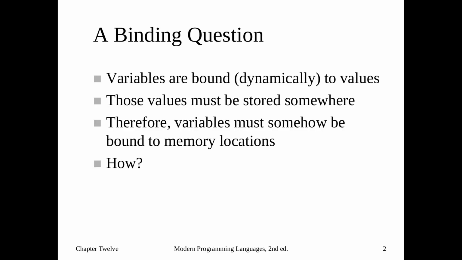So really, the concept of a memory location is just a secondary binding question, right? Before we were talking about when we bind different aspects of the programming language. Could it be language implementation time, when the language is defined, load time, runtime, etc. But now we have all these variables and they have a value associated with them.